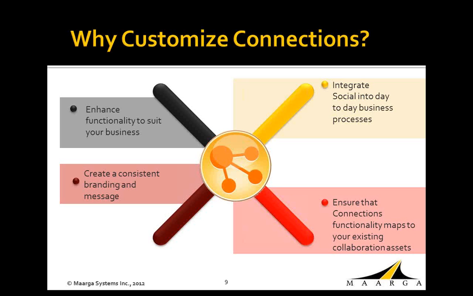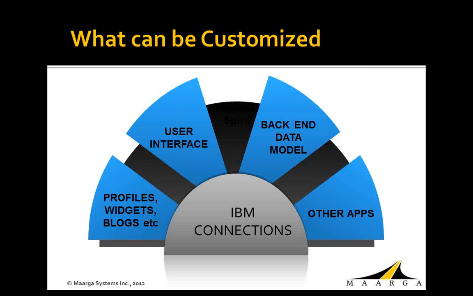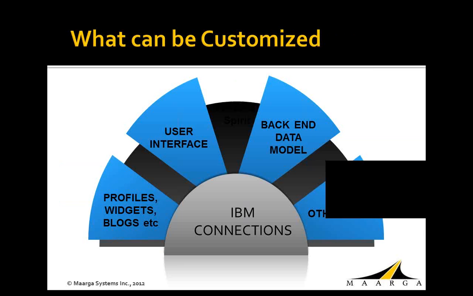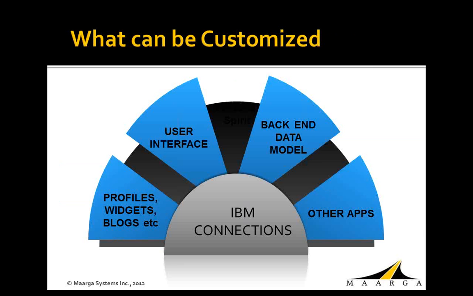So if you look at it, what can be customized really? Pretty much almost everything. Right from adding to the data model, so let's say you want to add another field in the profiles to track additional data, that's something possible as well.